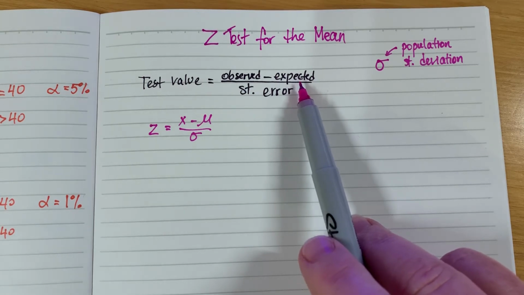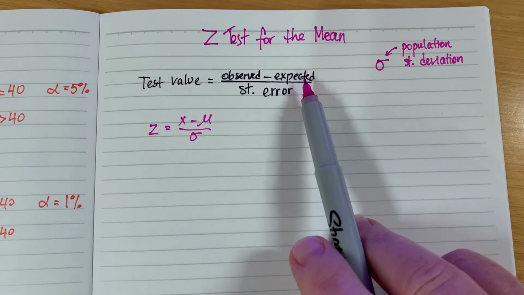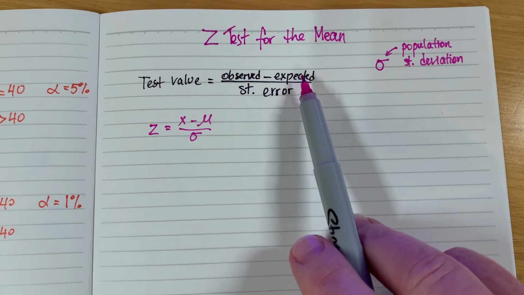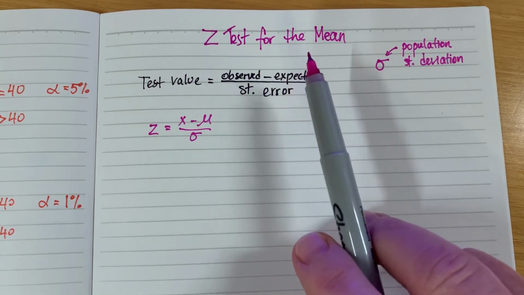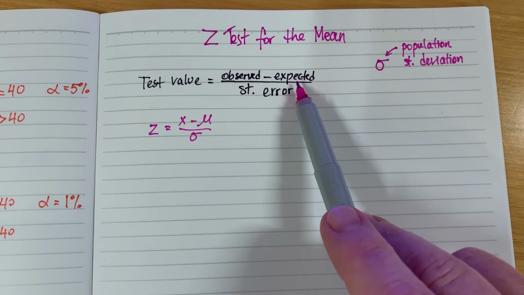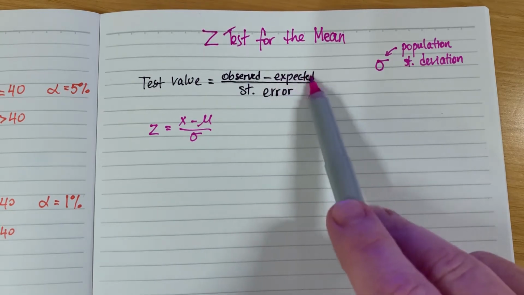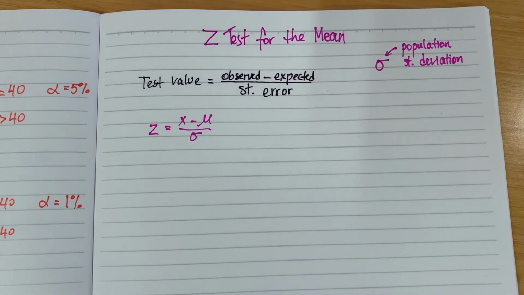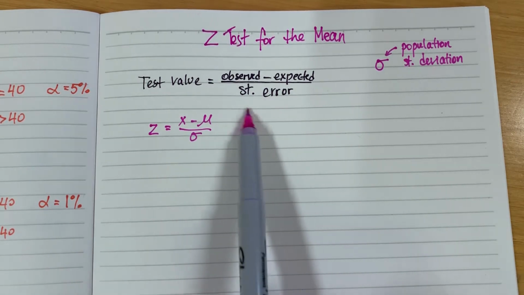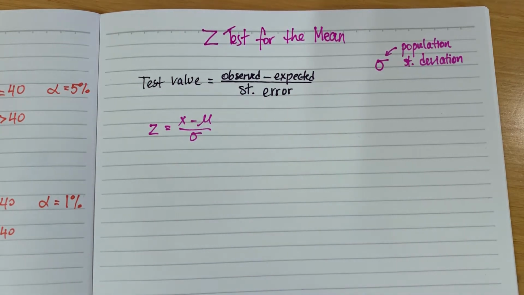I think that the mean is 45, so this is something that I expect. It usually comes from the null, the expectation that the null hypothesis is true. And the denominator is going to be the standard error of the statistic being tested.